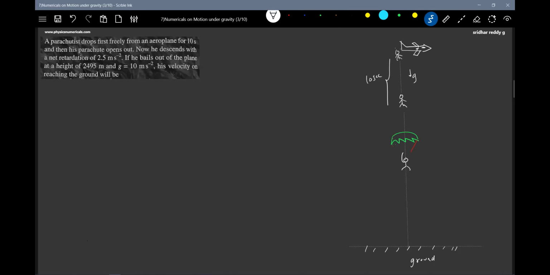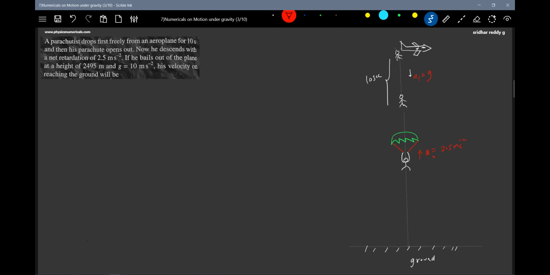He will hold like this. Now he's going to descend. So his retardation will be how much? Let me call the acceleration a1, g. This retardation is 2.5 meter per second square.